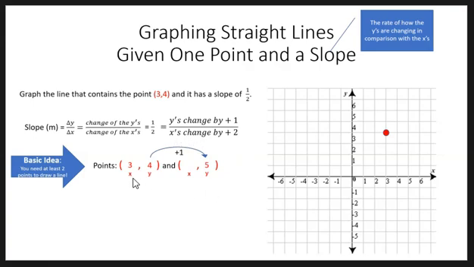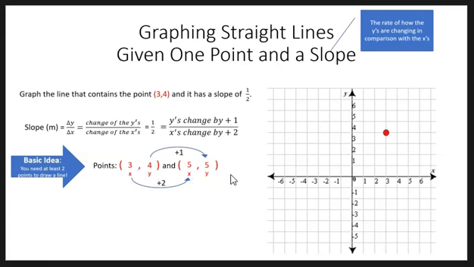So if the X of my first point is 3, the X of my second point is 2 more than 3. That's how I also get 5. You can see 4 plus 1, I get 5 for the Y. 3 plus 2, I get 5 for the X. So now I have my 2 points.